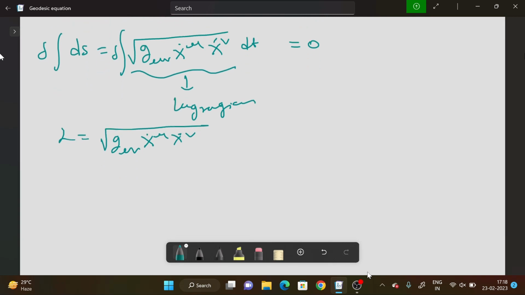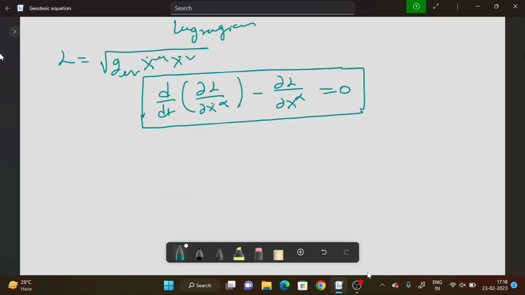All we got to do is write down the Euler-Lagrange equation, which is given by this, and then we have to calculate the individual derivatives. So first let's calculate this derivative, the derivative with respect to x alpha of the Lagrangian that we have, the square root of g mu nu x dot mu x dot nu.